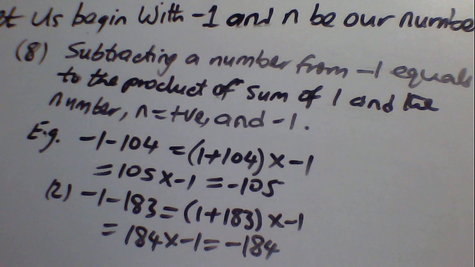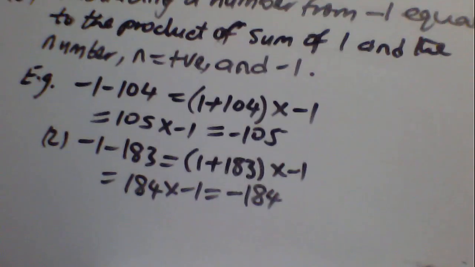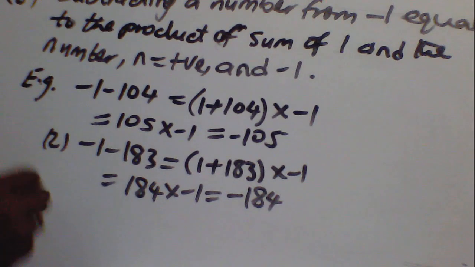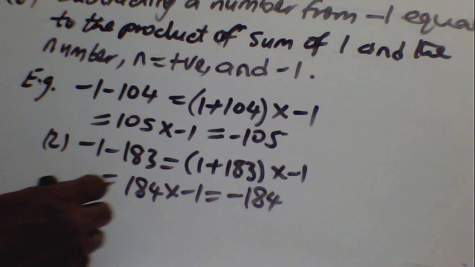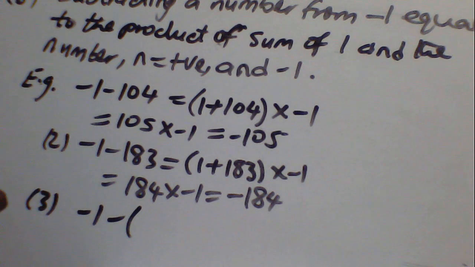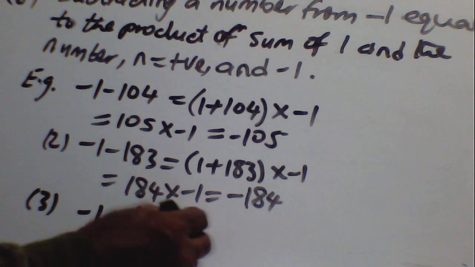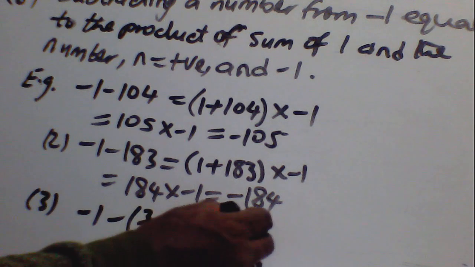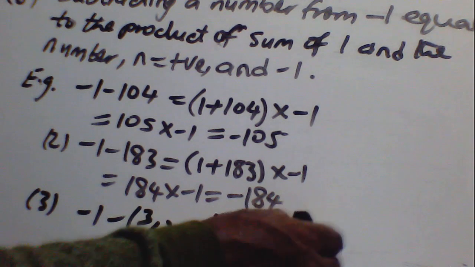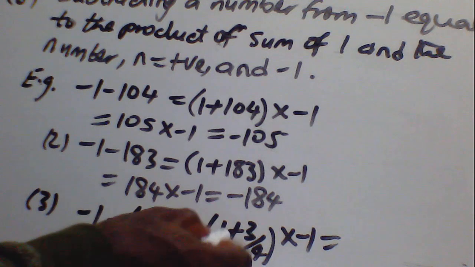So this is also true, not only for a whole number, you can as well use fraction. It will also be true. For example, minus 1 minus 3 over 4. This is the same as 1 plus 3 over 4 multiplying minus 1. 4 times 1 will give us 4 plus 3 will give us 7.